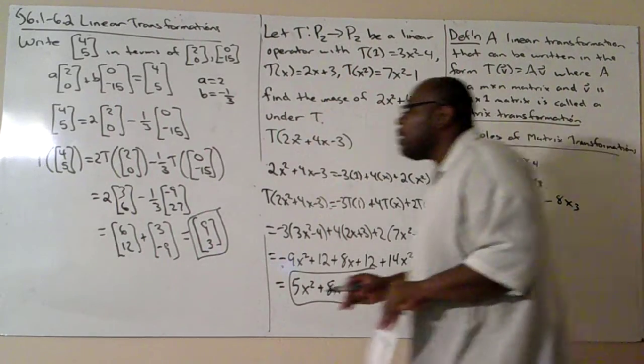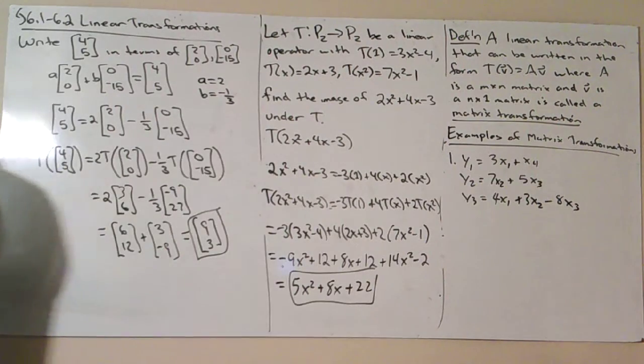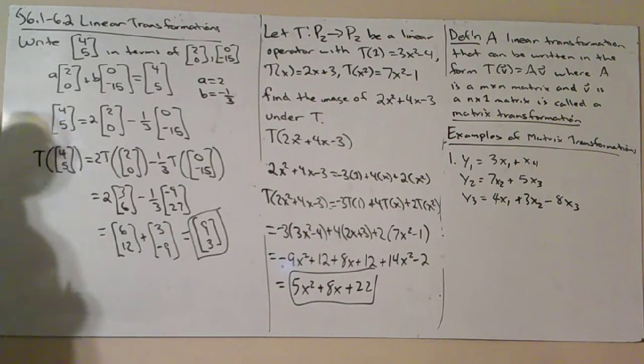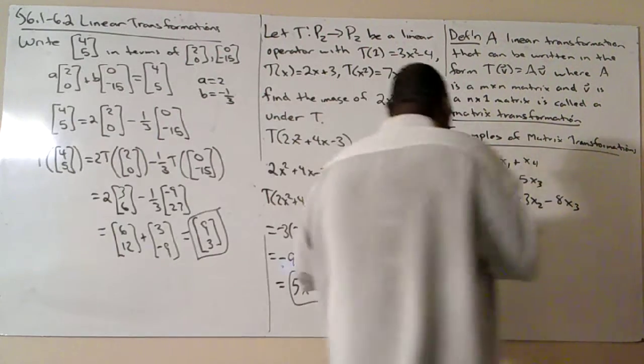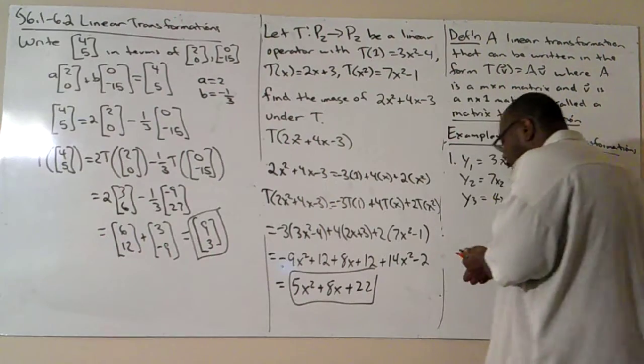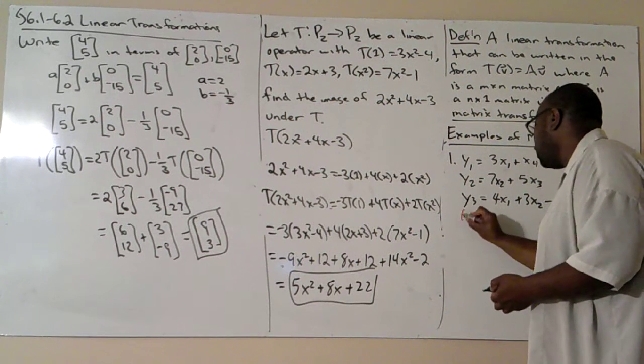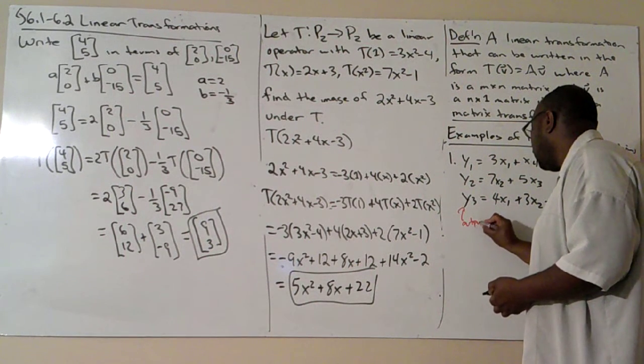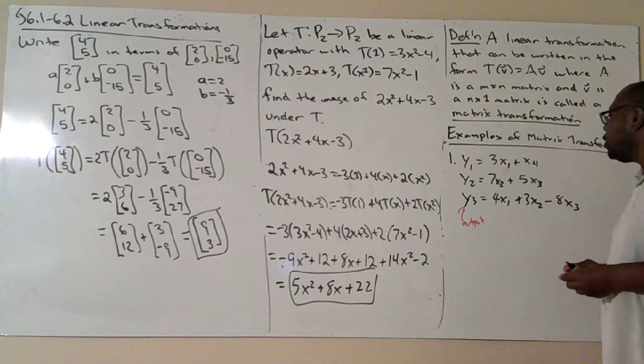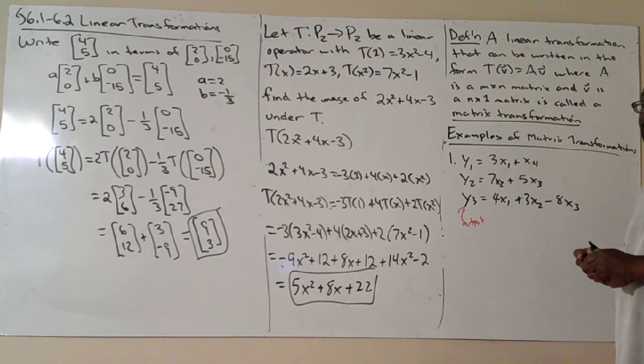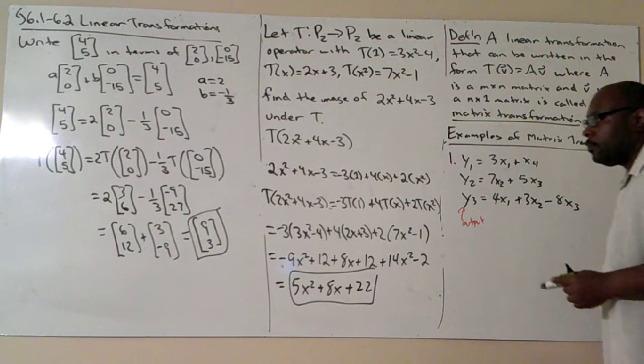So the way you want to think about this is that the y values are my output, right? And x1, x2, x3, and x4 are my inputs into my function.